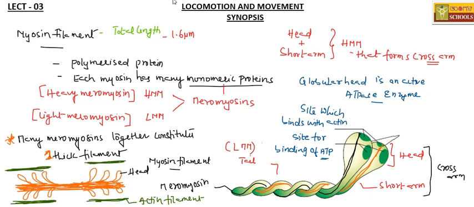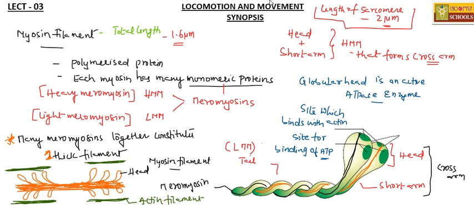And one more important point: the length of the sarcomere is around 2 micrometer. Okay, and the length of the myosin filament is around 1.6 micrometer.